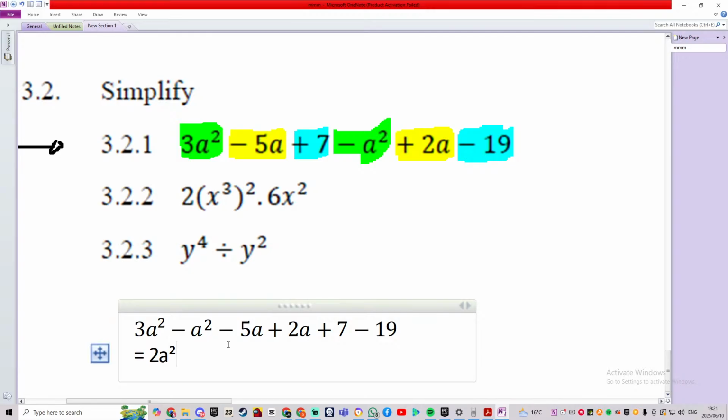Then minus 5a plus 2a is minus 3a. Then plus 7 minus 19 is equal to minus 12.